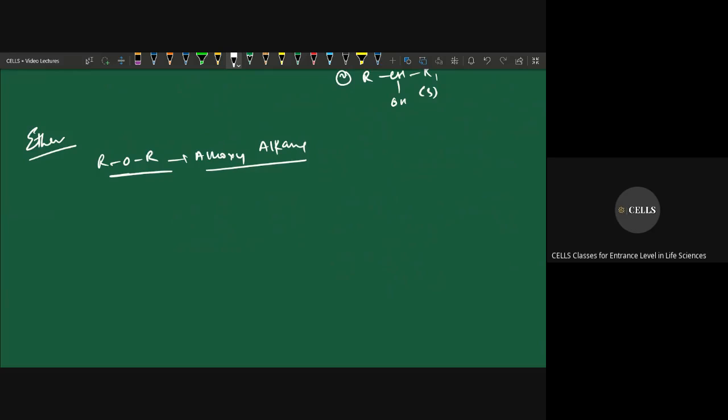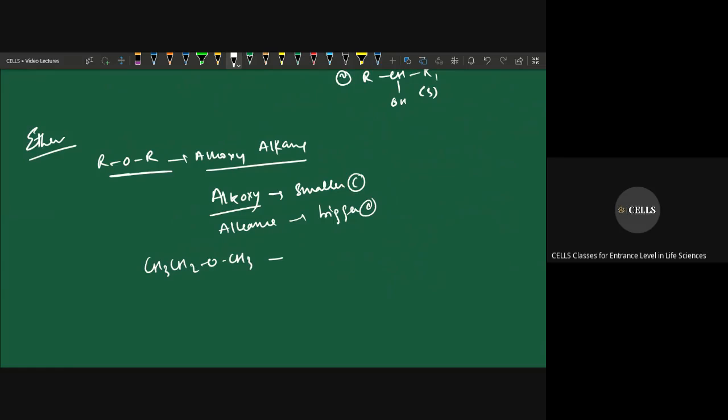Alkoxy will be the one with the smaller carbon chain. Alkane will be the one with the bigger carbon chain. Suppose CH3CH2OCH3. The smaller one is methyl, so it will be methoxy. The bigger one will be the alkane. So it will be methoxyethane.